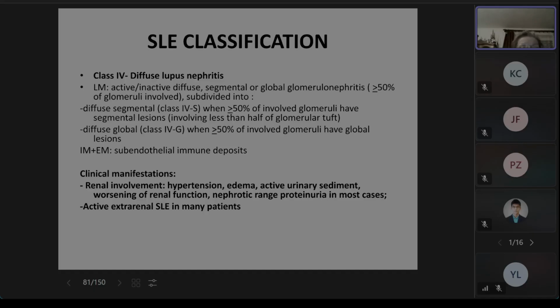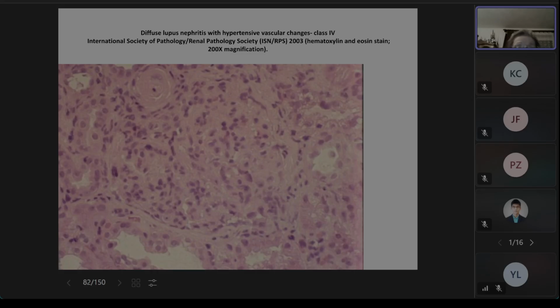The clinical manifestation of this class is usually hypertension, edema because of nephrotic range proteinuria, and also we observe extrarenal involvement in many patients suffering from this type of kidney involvement.